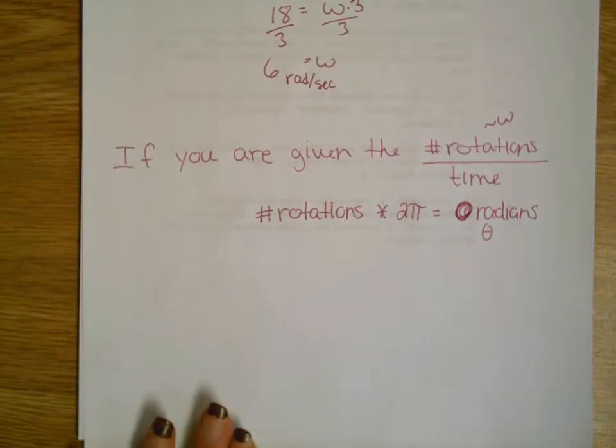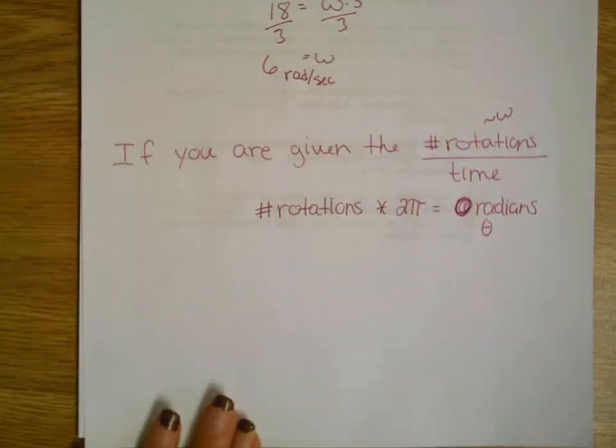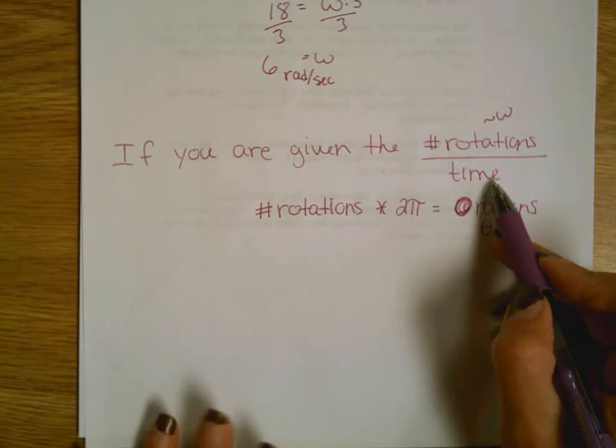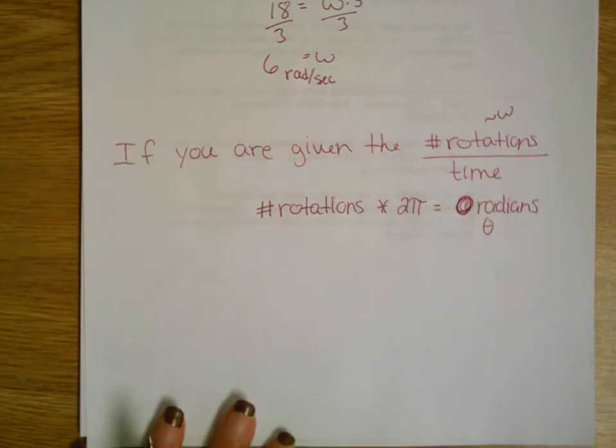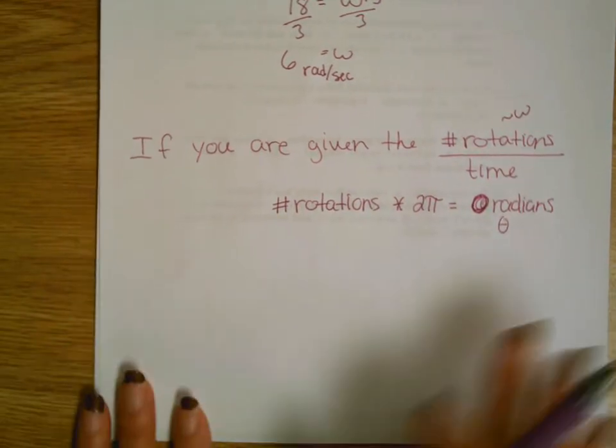As long as that makes sense. Every rotation is 2 pi radians. So if we just take the number of rotations, multiply by 2 pi, we'll know how many radians. We're not going to change the time interval. It'll just be per that same time.